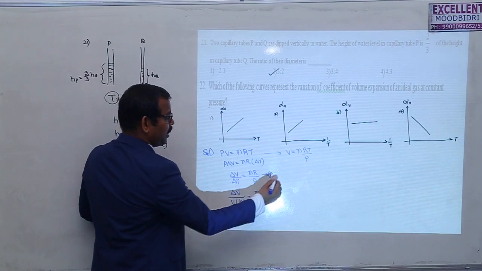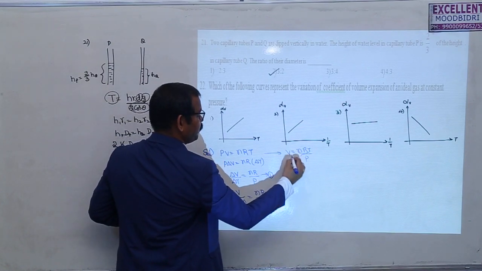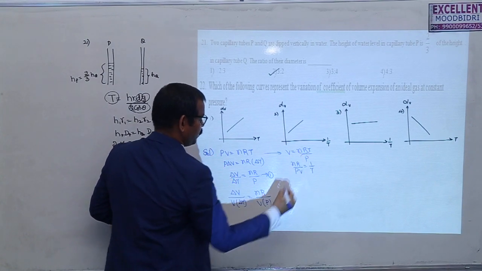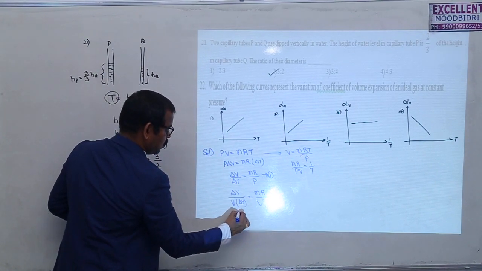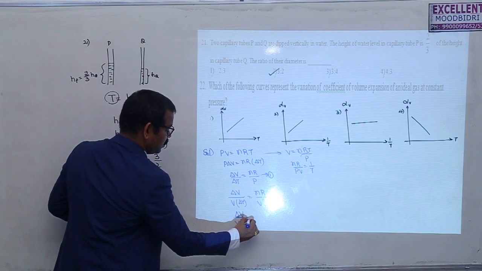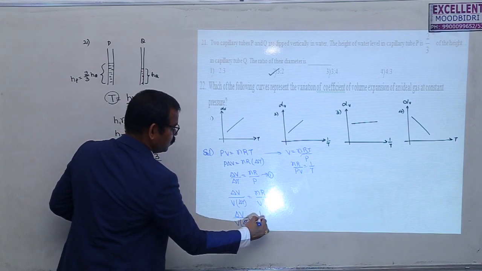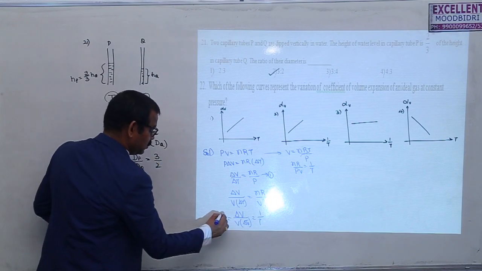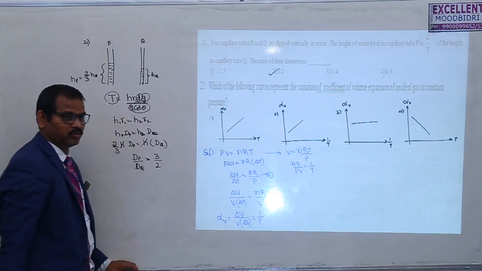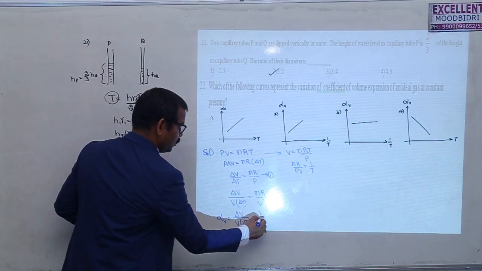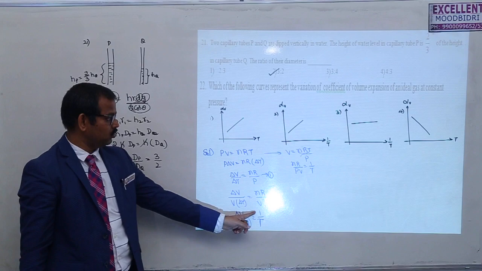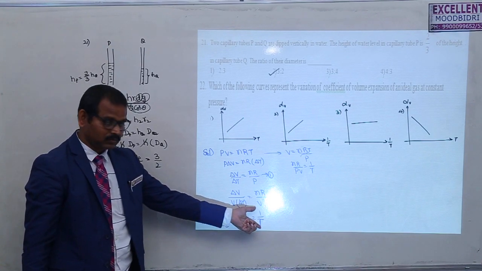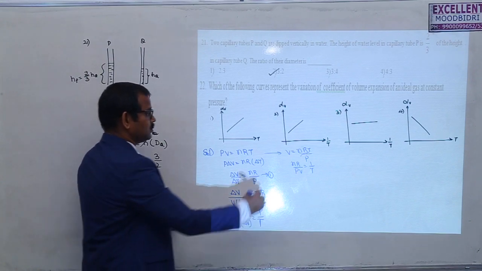Here nR by PV is equal to 1 by T. So delta V by V into delta T is equal to 1 by T. The change in volume by original volume for a change in temperature, which we call the volume coefficient of expansion of gas, is equal to 1 by T. So alpha V is equal to 1 by T. As the value of 1 by T increases, alpha V also increases.